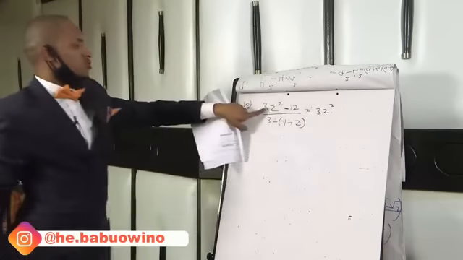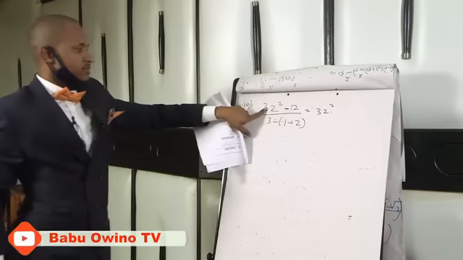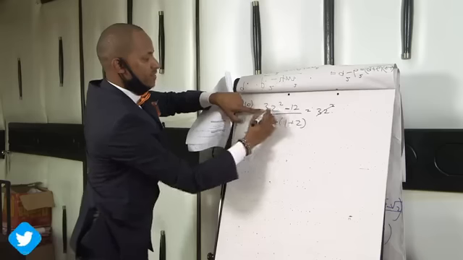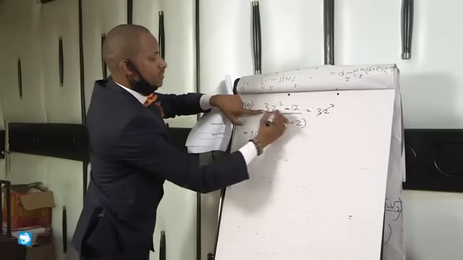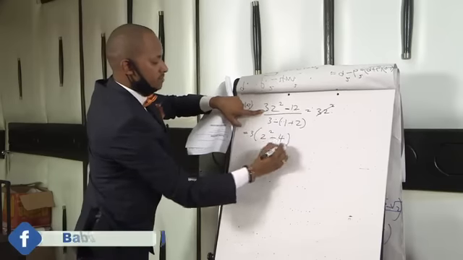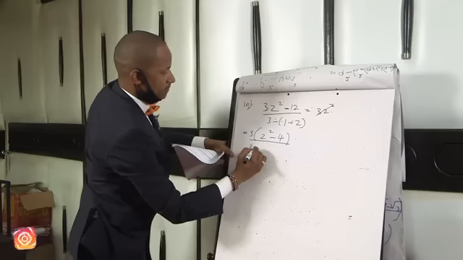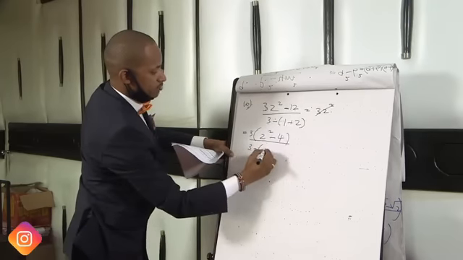What is common between 3 and 12 is 3. So you can simplify this by saying 3 into z squared minus 4, since 3 goes into 12 4 times. Divided by 3 minus 1 plus z.